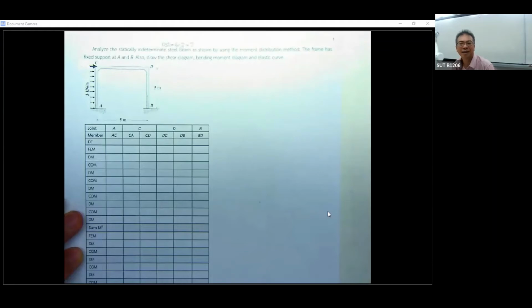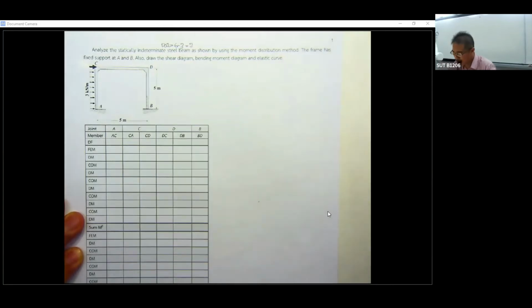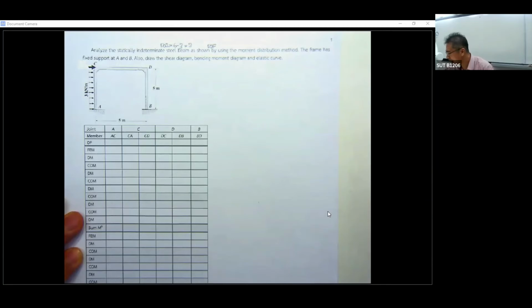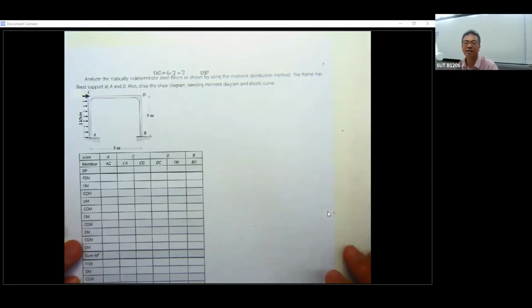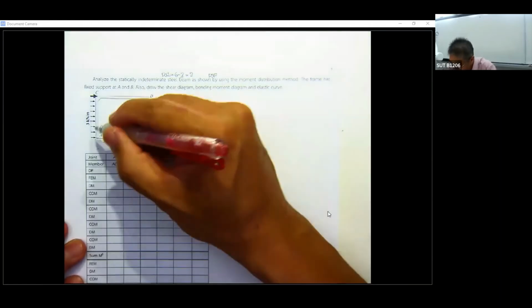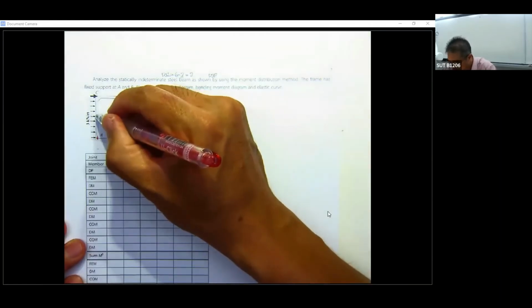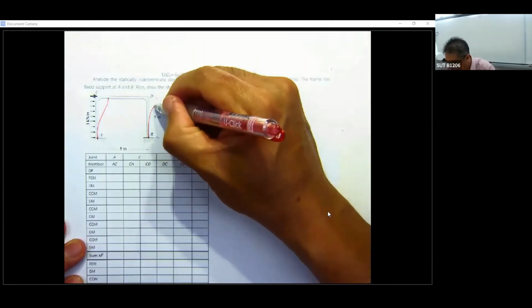And again, it's very similar to what we have in the previous one. The degree of freedom of this one is going to be a little bit easier, to predict the sidesway of this. Okay, we can see this one is fixed, this one is fixed. The wind, the lateral load like this, maybe the wind is going to blow the frame like this. I believe it's maybe like this.